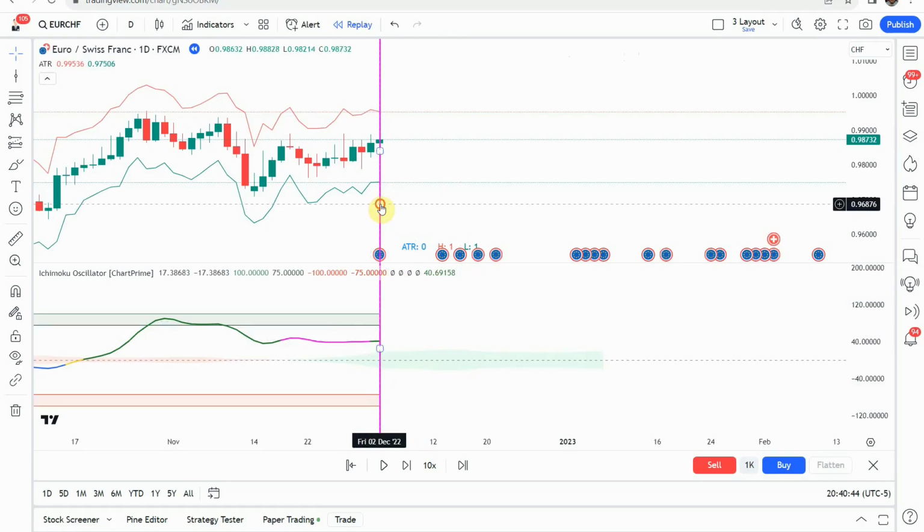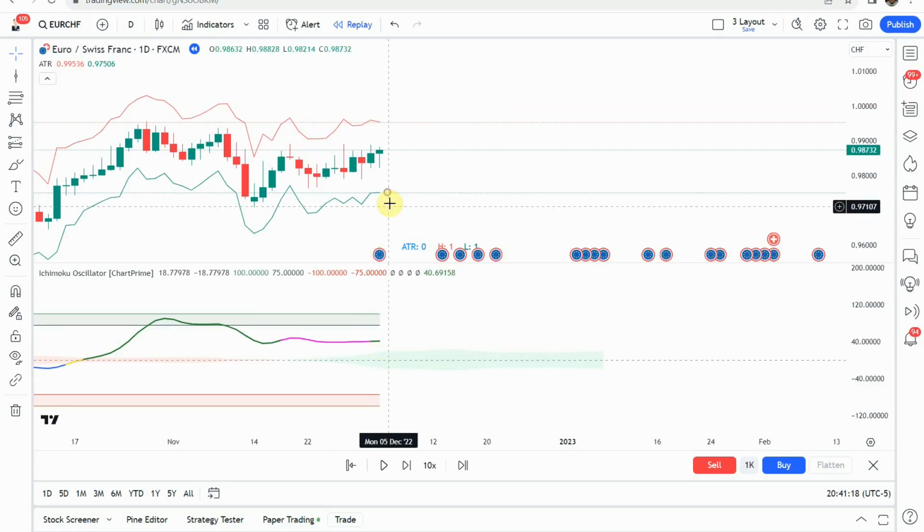Now, in addition to being green, we also want it to be pointing upwards, or increase in its number from the last purple pullback color. If I hover over it, the purple number right now is 40.11963. If I move forward, you can see now it's 40.6915. So that shows that it did increase and is pointing upwards.